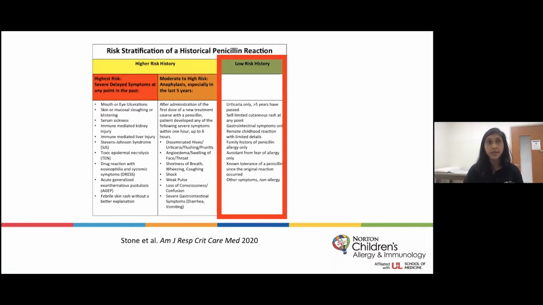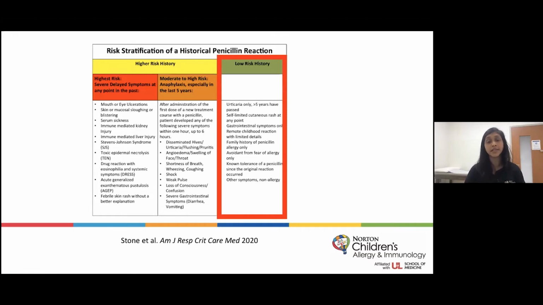The majority of the time in the pediatric population, it is always some rash that started several days after starting an antibiotic that lasted for several days, even after switching the antibiotic. And that's the most common reaction that I get. And that's always going to be a low-risk history. For kids, even urticaria lasting for several days, in my mind, that is infectious and that's a low-risk history.